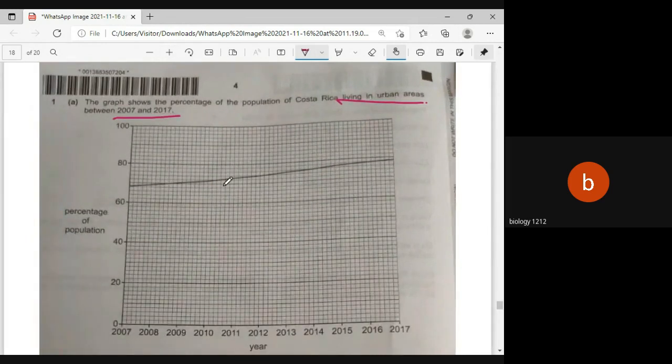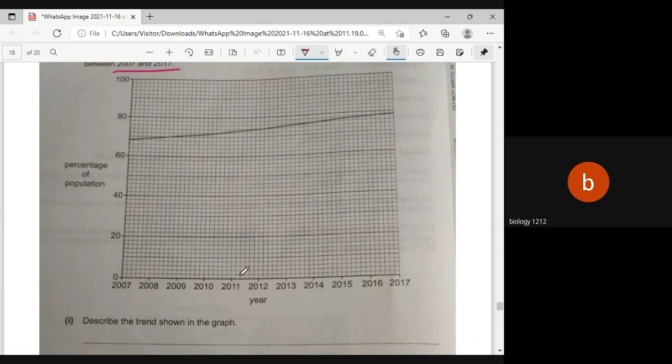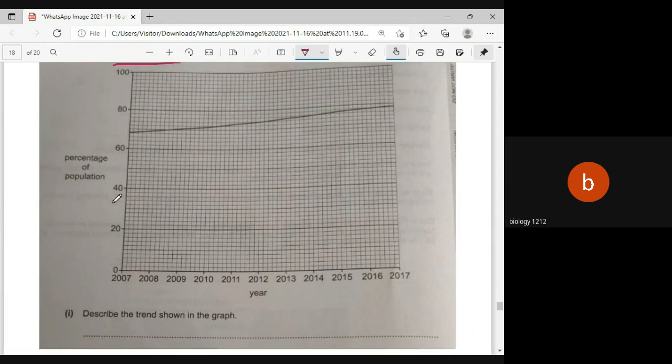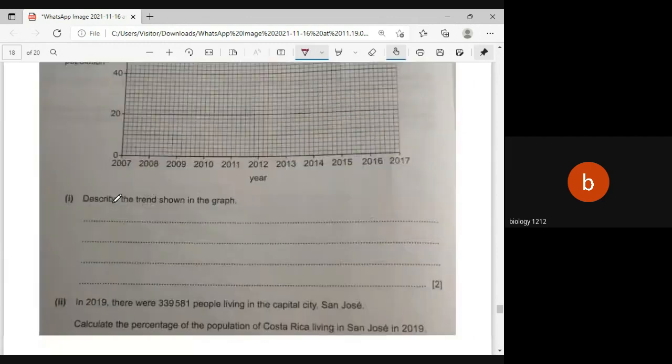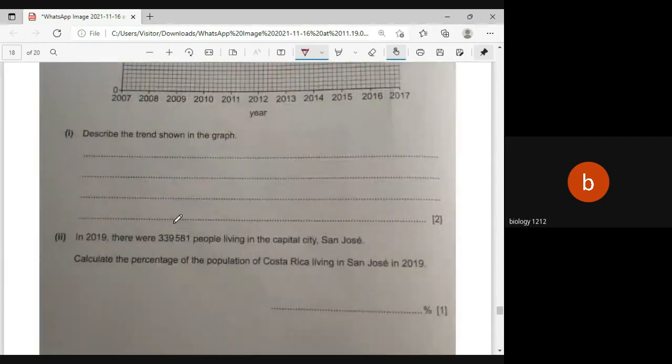The graph shows the percentage of population from 2007 to 2017. On the x-axis you have year, and on the y-axis you have percentage of population. The question is: describe the trend shown in the graph. It carries 2 marks, so the examiner expects 2 points from you. Please write the answers within the space provided.